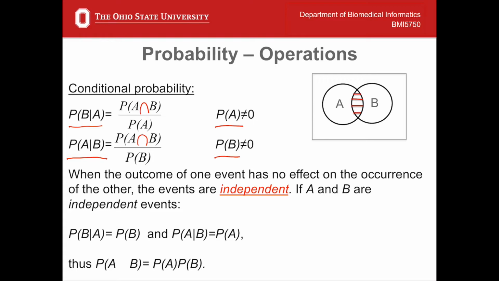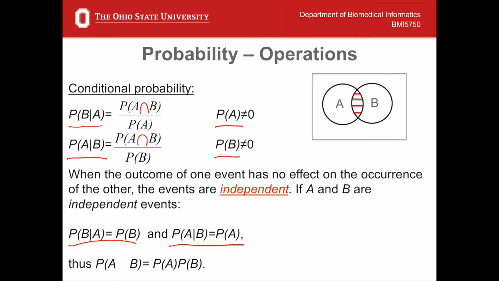When the outcome of one event has no effect on the occurrence of the other, the events are independent. If A and B, these two events, are independent, we write them as P(B given A) equals P(B), and P(A given B) equals P(A).